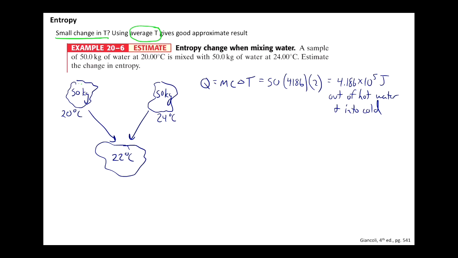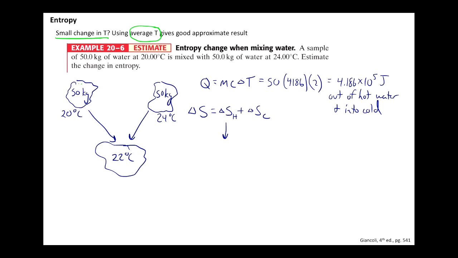Once we have this, we can use our entropy equation, and we're going to say that the total change in entropy for this particular case is going to be the change in entropy for the hot water plus the change in entropy for the cold water. And the way we're going to do this is with some average temperatures. So I'm going to start by calculating this one.